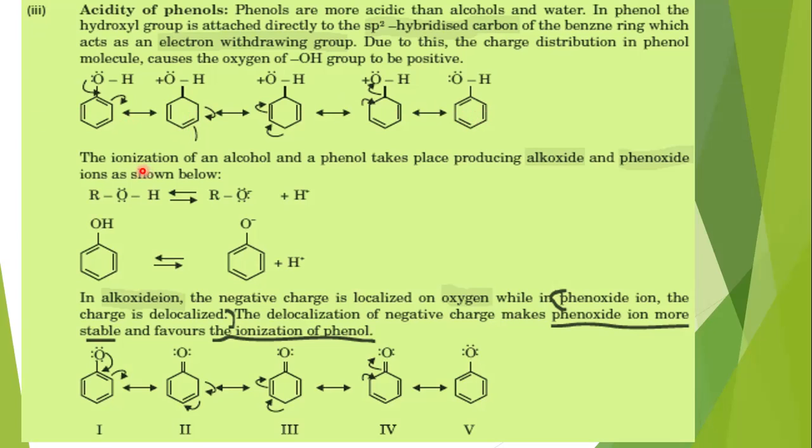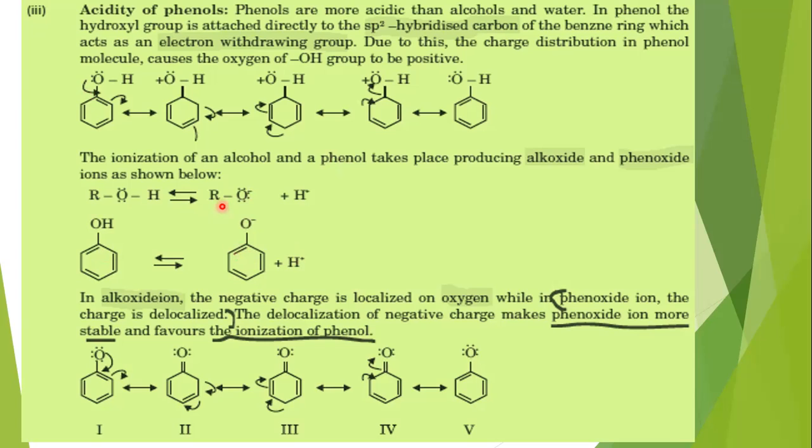Okay, the ionization of alcohol and phenol takes place, producing alkoxides and phenoxides. ROH, when it loses H plus ion, gives alkoxide RO minus. When H plus ion is removed from phenol, it forms phenoxide ion.